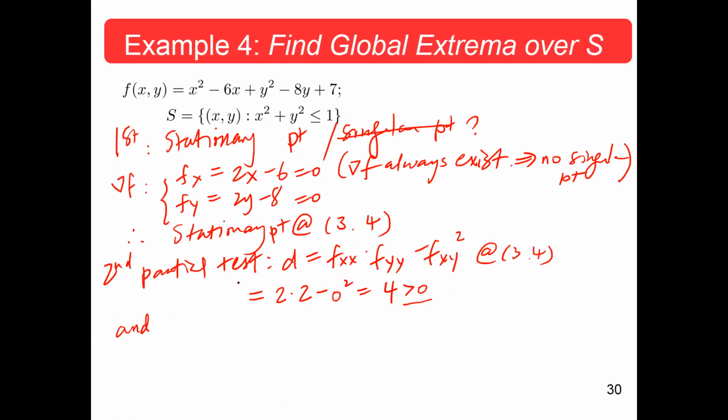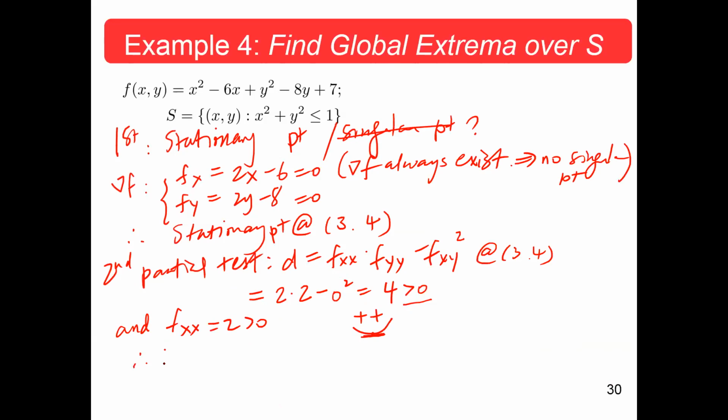Next, we should investigate the sign of fxx. According to what we just looked at, fxx is 2, which is greater than 0. So with the second derivative being positive, this critical point, the stationary point, will give you a local minimum.